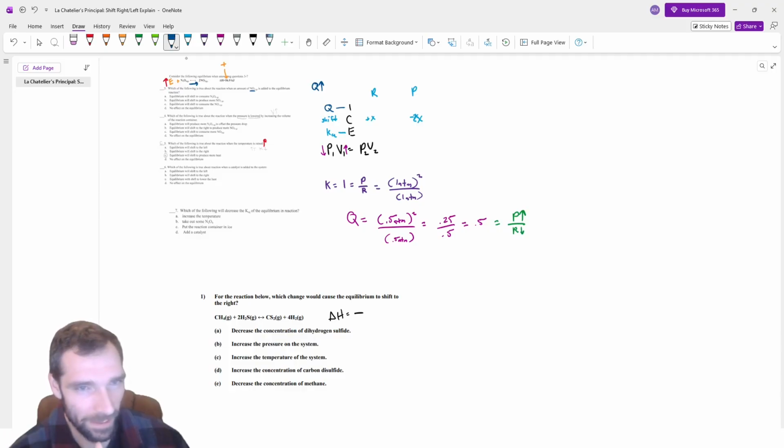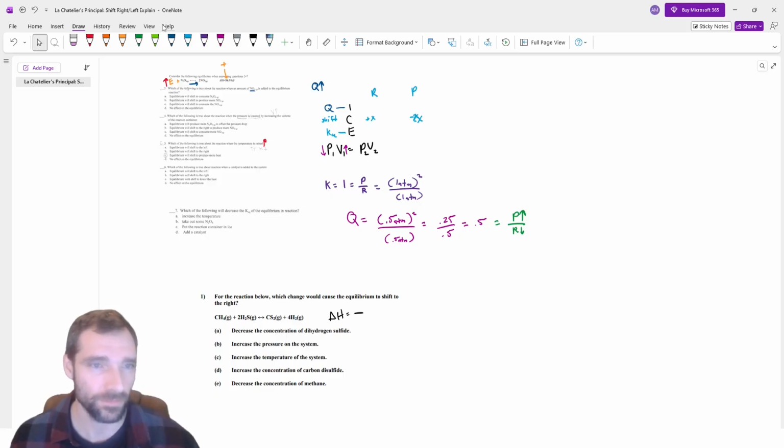But the big picture is that entropy is not going to have an effect on equilibrium that's different at different temperatures. It's really the enthalpy and the enthalpy change that's going to have more or less of an effect at different temperatures, which kind of makes sense because if it's warmer, you've got more enthalpy around you. So that effect might be a bit different than if you didn't have as much.